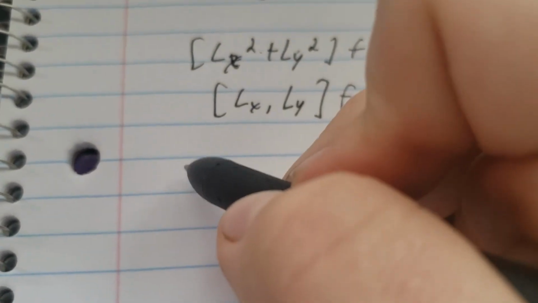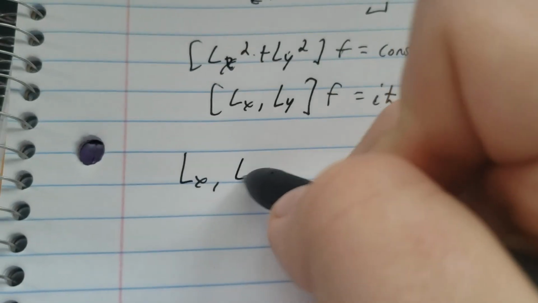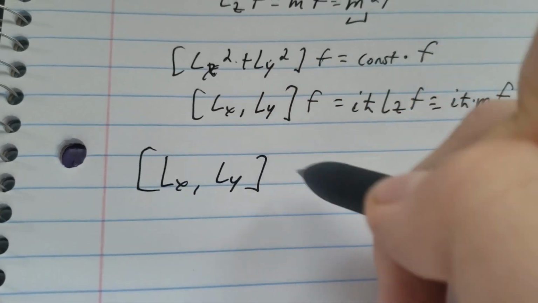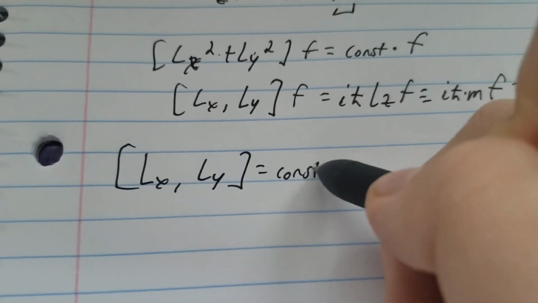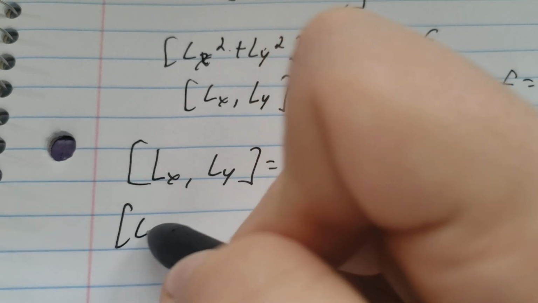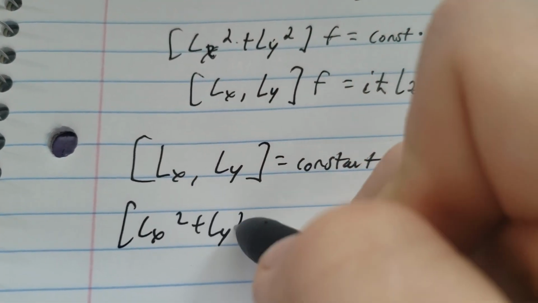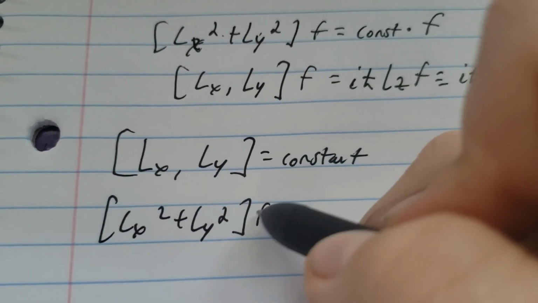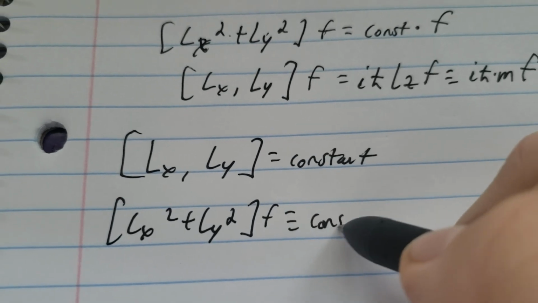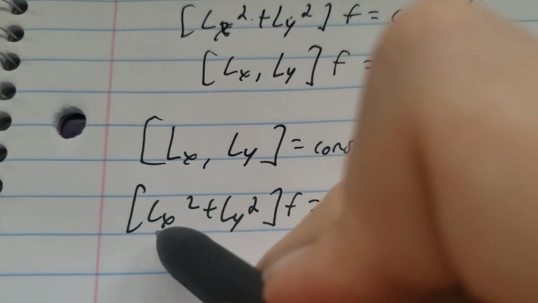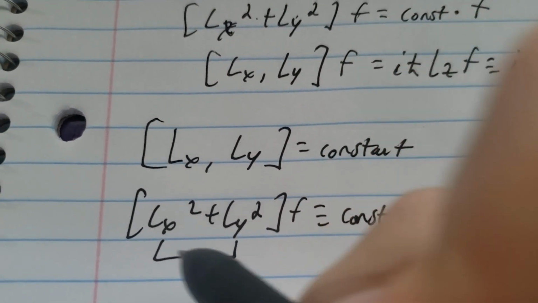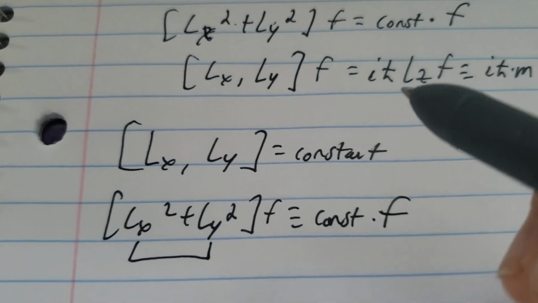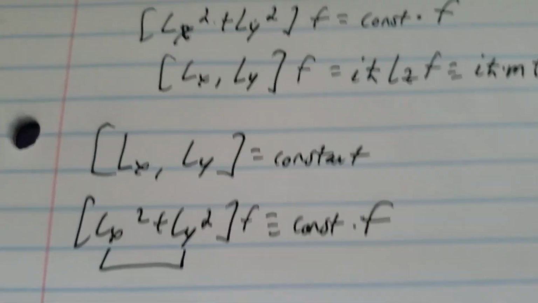So we have two operators here, Lx and Ly, whose commutator for our purposes is constant, and the sum of their squares is an operator for which f is an eigenstate.